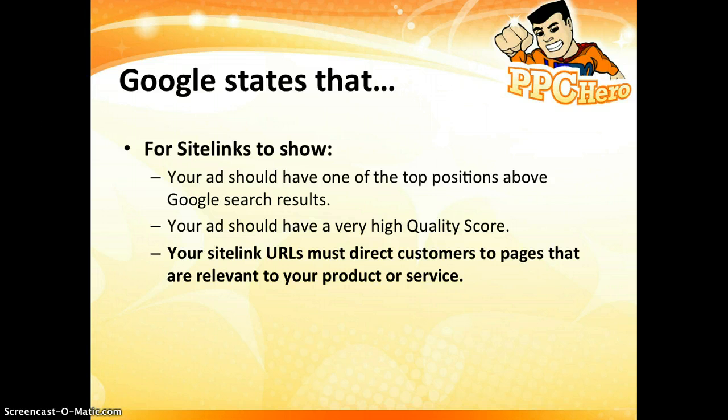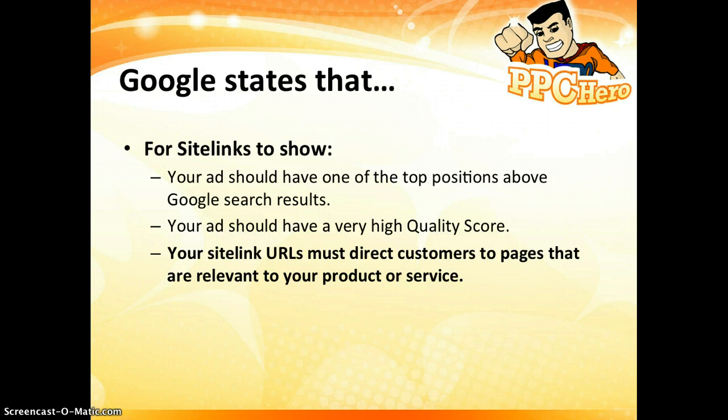So Google states that for Sitelinks to show, your ad should have one of the top positions above the Google search results. Next, your ad should have a very high quality score. And finally, your site link URLs must direct customers to pages that are relevant to your product or service.